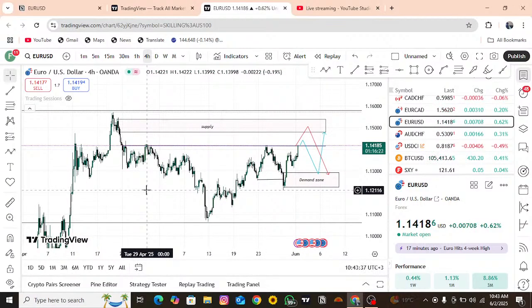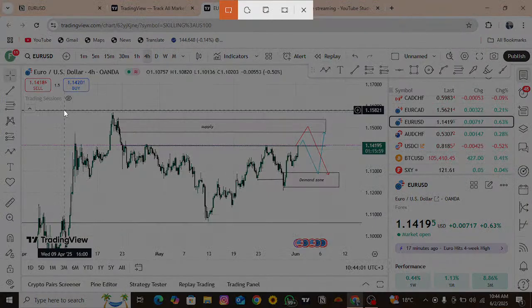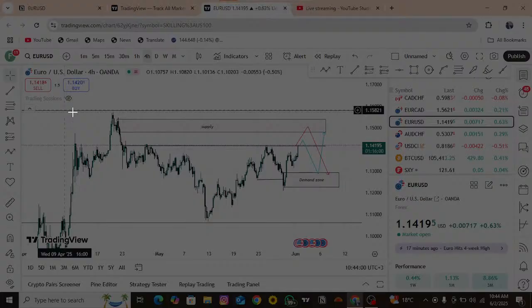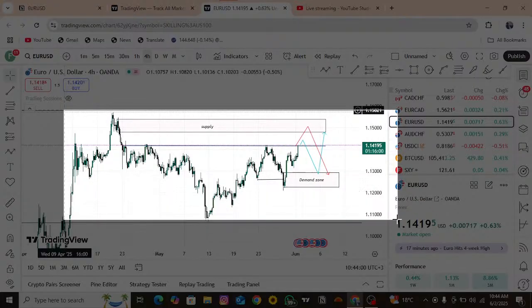So now I'm going to get a screenshot of my setup. It's not taking a good screenshot. Take a good screenshot.